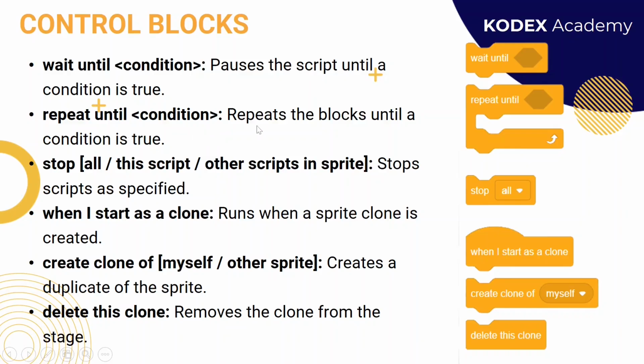It means you repeat a particular action multiple times until your condition is true. Suppose you choose one sprite and you want your sprite to reach the edges, and until then the action should be repeated. So here you mention the condition, and until your condition is true, the action by your sprite is continuously repeated.